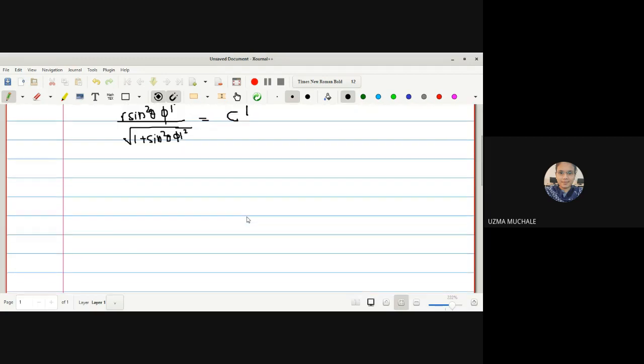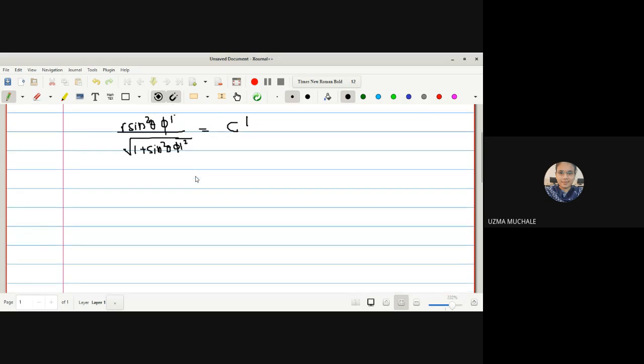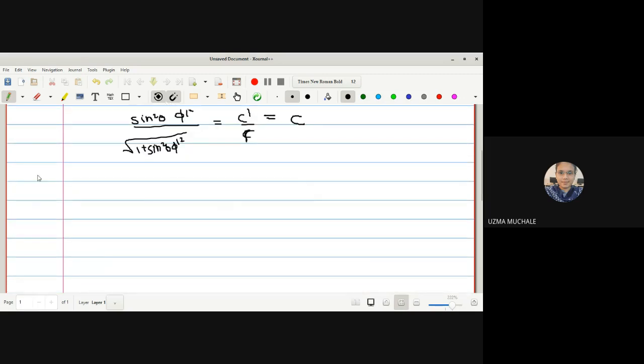Now as we know that r is also constant because r is the radius of the sphere, I can write the same equation as sine square theta phi dash divided by under root of 1 plus sine square theta phi dash square is equal to c dash upon the radius r. Here I have transferred r, which is equal to some constant c.